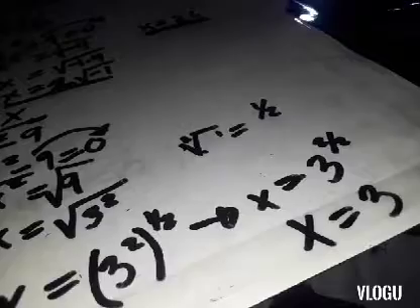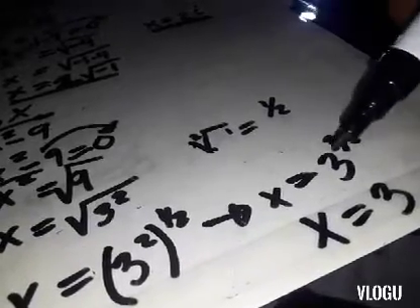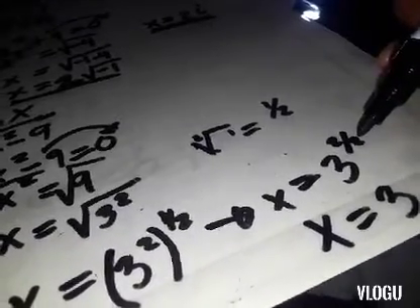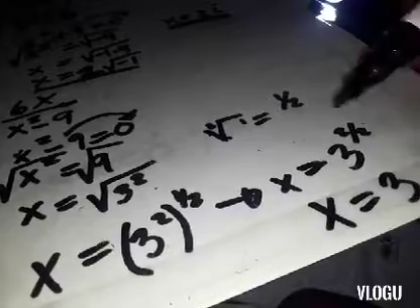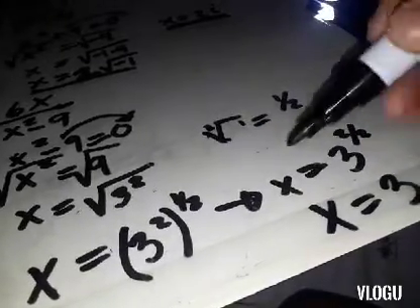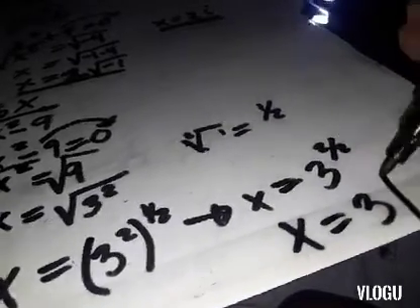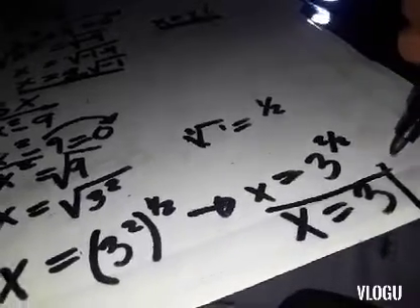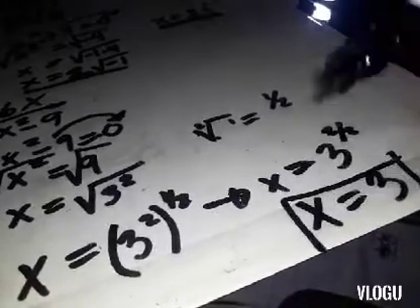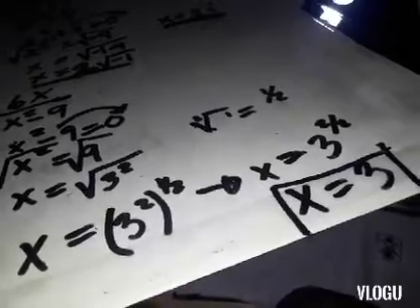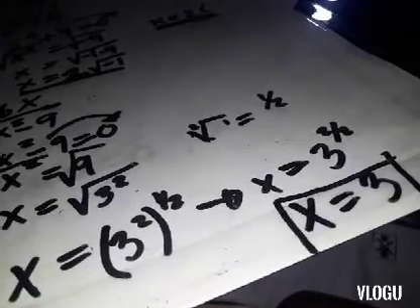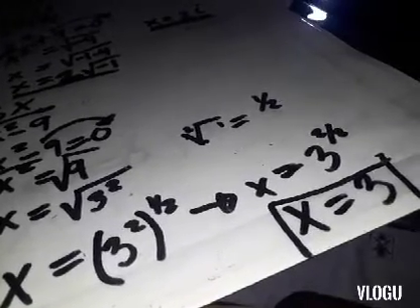Nakuha? Ganyan po siya. Ganyan ang pagkuha ng, or relationship ng radicals and exponent. Ganyan po siya. So, ang ating x now ay 3. Ito ang value ng x kung discontinuous or undefined. Okay? So, I'm going to give you 2 more examples.